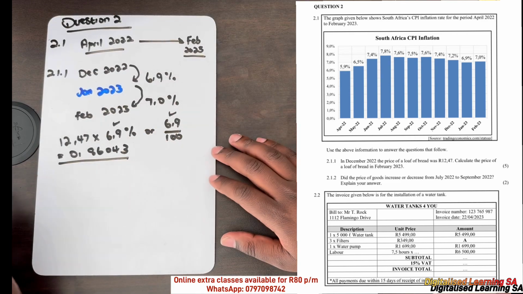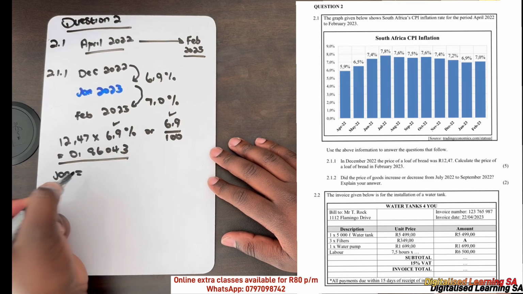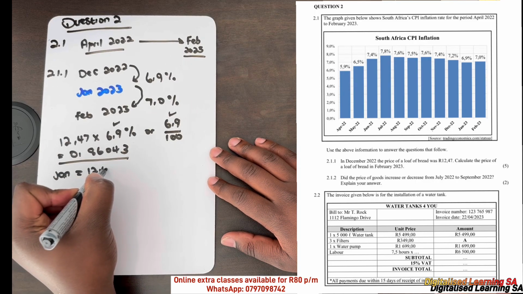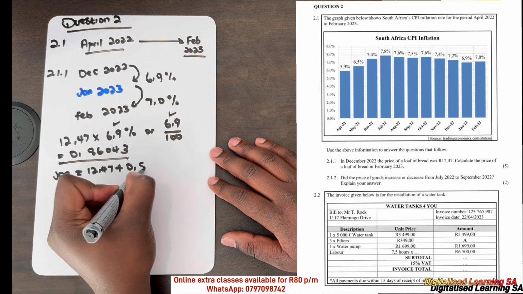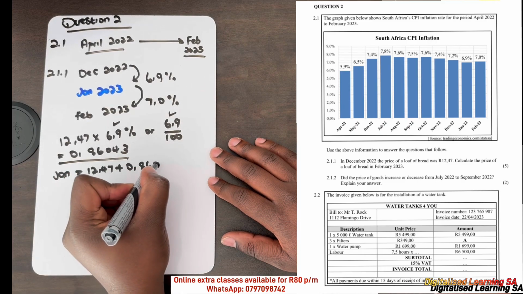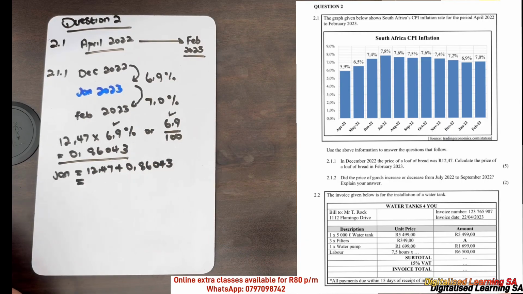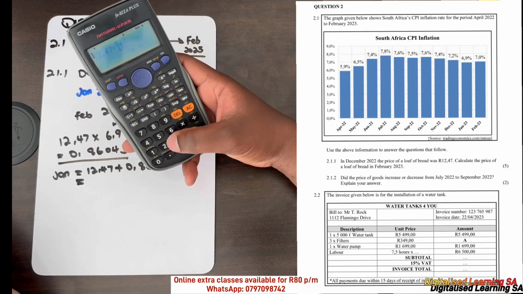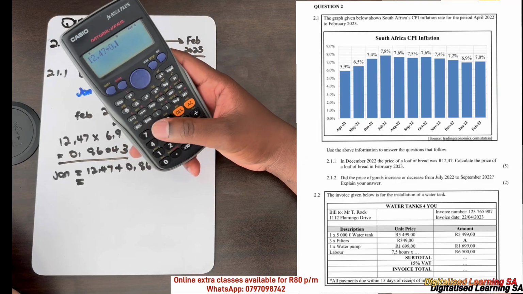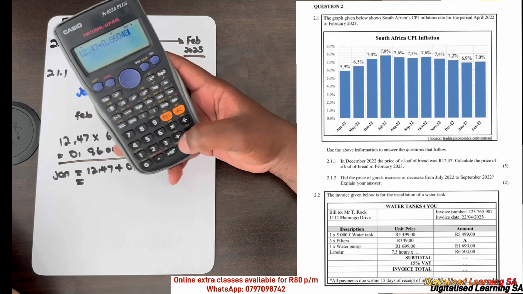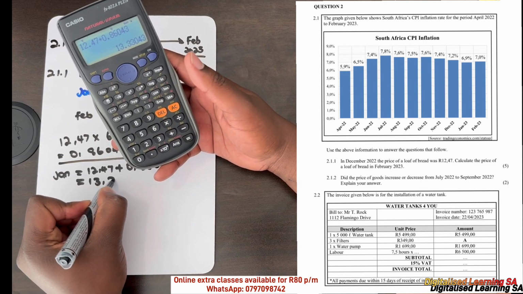Now we can say the price of bread in January will be equal to 12.47 plus 0.86043, and the answer will be 13.33.